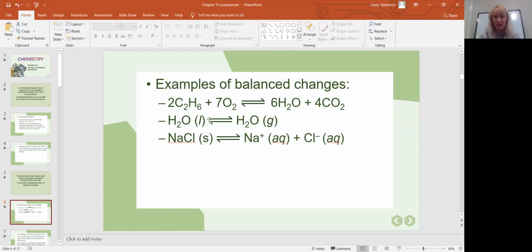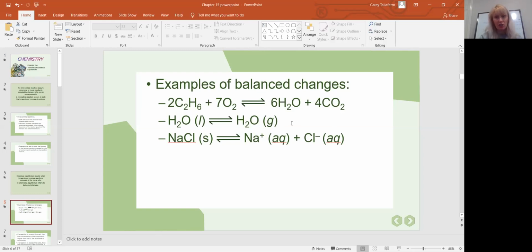But what's really happening in many, many situations is that you have your reactants. They do make some product, but at the same time, the products are reacting together to go back and remake the reactants.